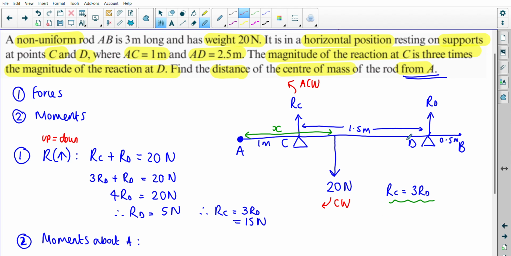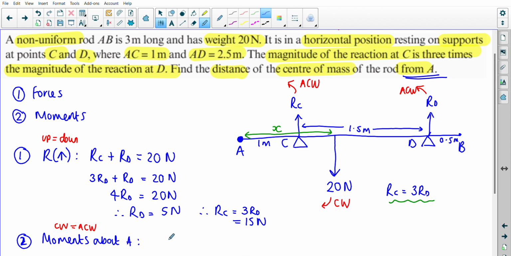I've got the reaction force for D, tilting the rod in an anti-clockwise direction, and that is it. So remember, clockwise equals anti-clockwise here because the rod is in equilibrium.